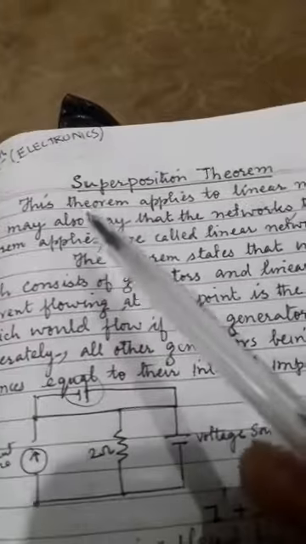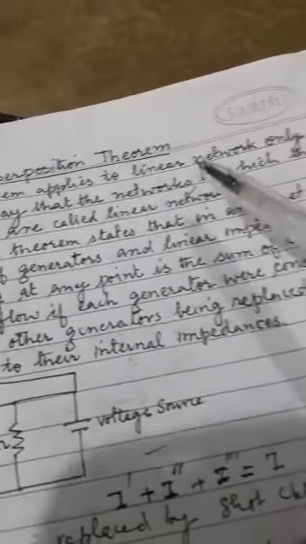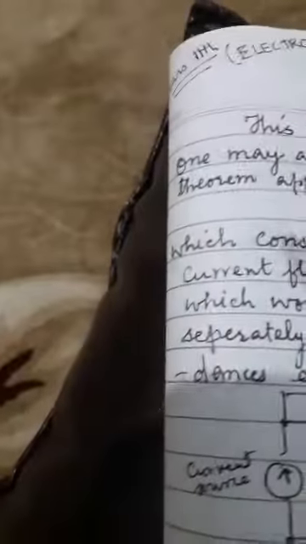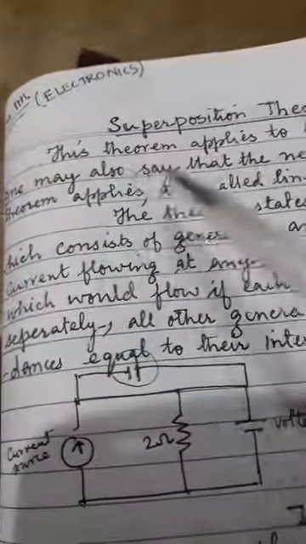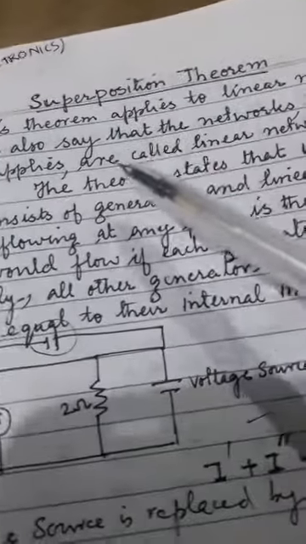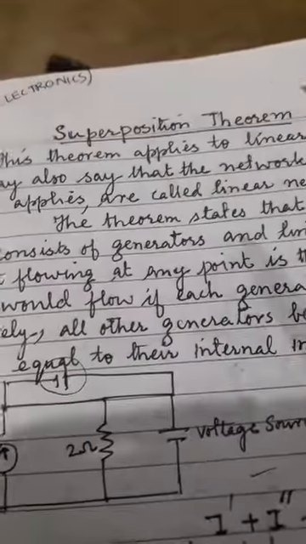So that's why it says this theorem applies to linear networks, where we keep resistors, capacitors, and inductors all constant with respect to time and voltage. I have told you the meaning of linear network: one may also say that the networks to which this theorem applies are called linear networks.